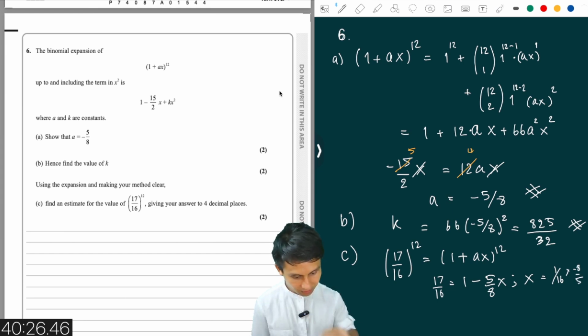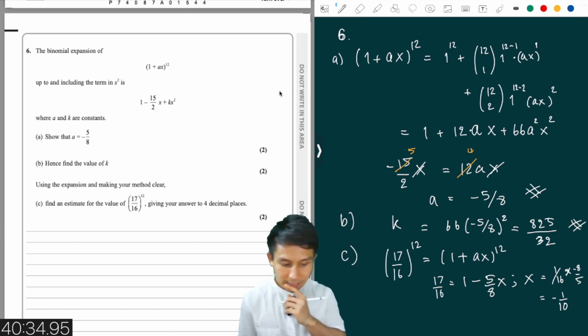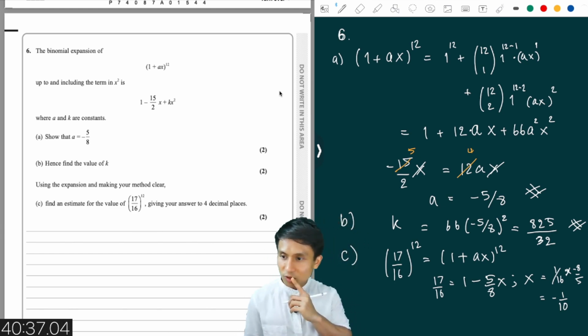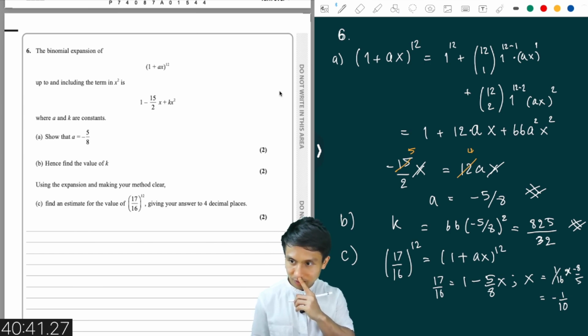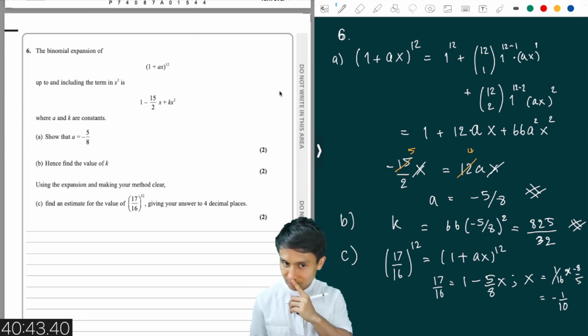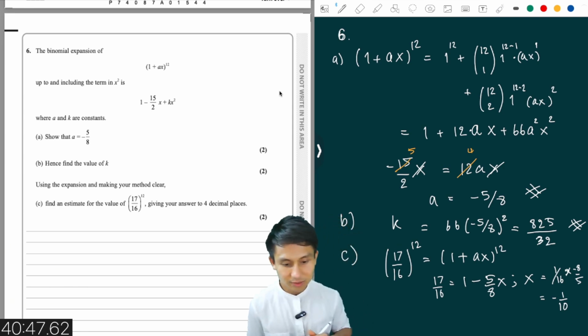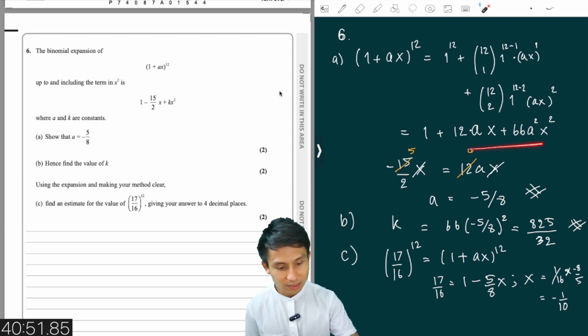Just moving x there. So that means x would be minus 1 over 10, right? Yeah, I'm happy with that. So x is minus 1 over 10 right there.